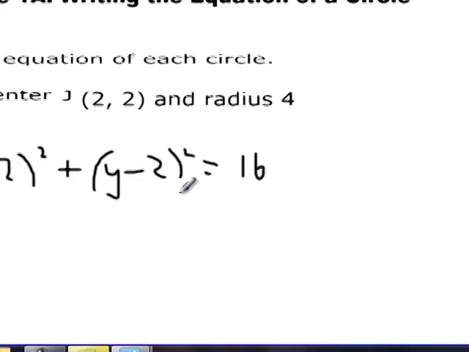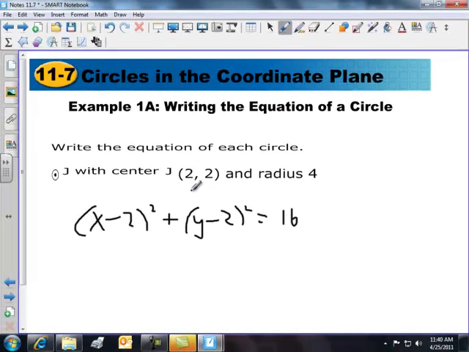This 2 and this 2 came from the center at 2, 2, if you look at your notes of the equation of the circle. So the equation would be x minus 2 squared plus y minus 2 squared equals r squared. So r is the radius, that's 4. Square that, and the last time I checked, that is 16.